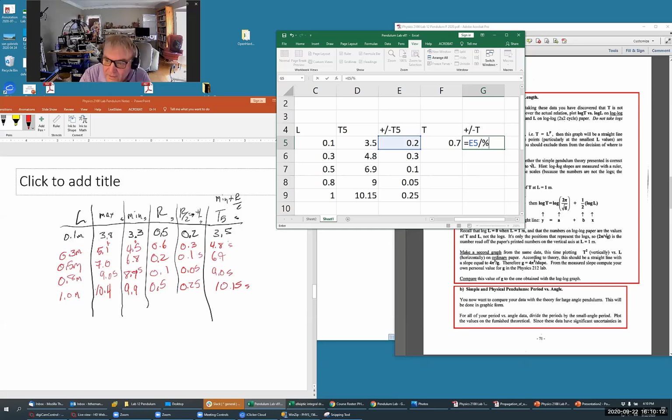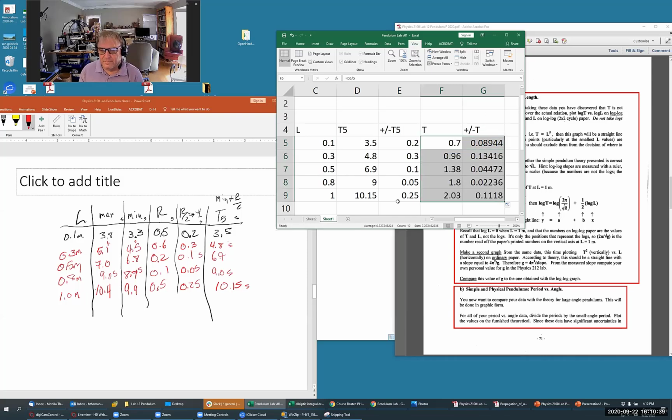5, nope. Right. 5 raised to the 0.5. There's a square root function, if you know how to use it. And then I can actually fill both of them in at the same time. And let's see.